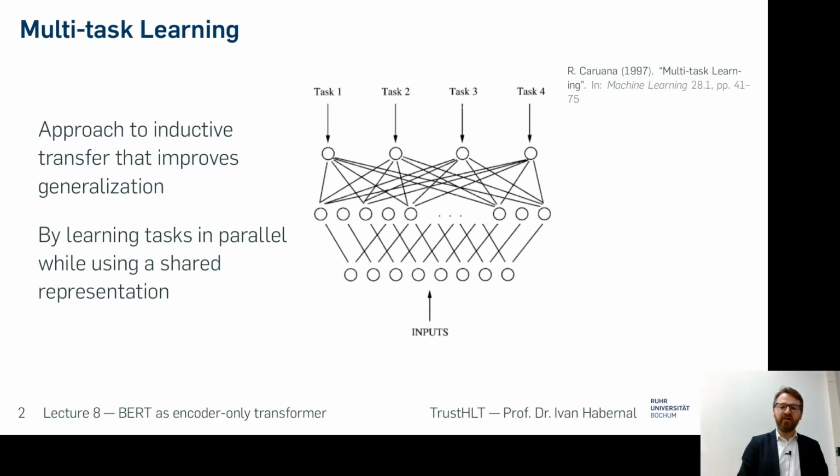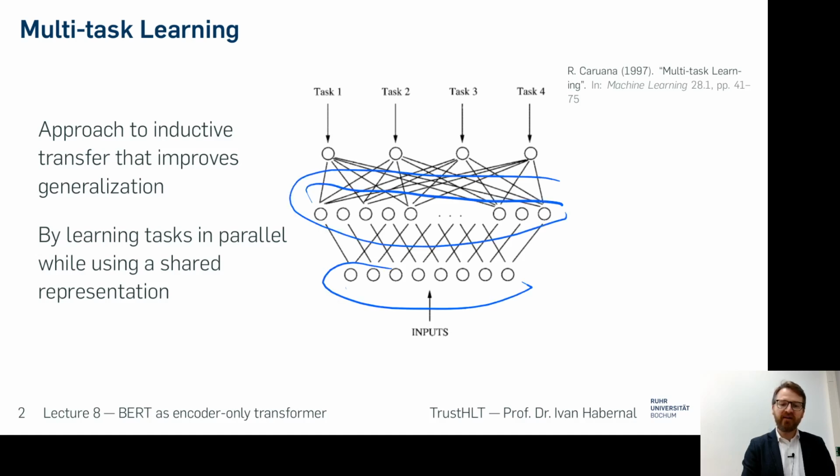So multitask learning has been here since the 1990s already, and this is from the paper by Rich Caruana. You might have a neural network here with some inputs, some hidden layers, and there are multiple tasks which are actually trained on the same network.